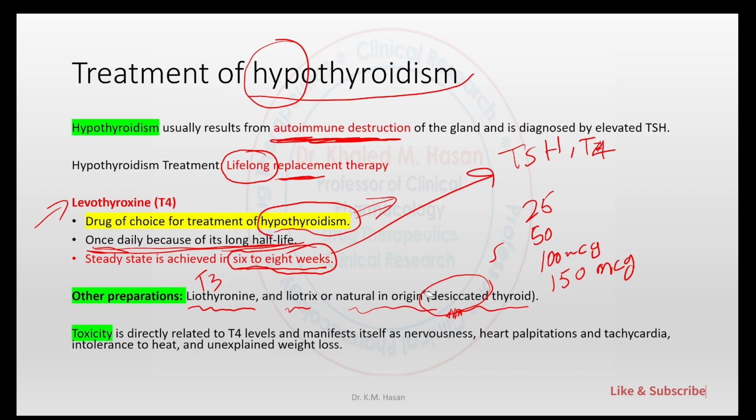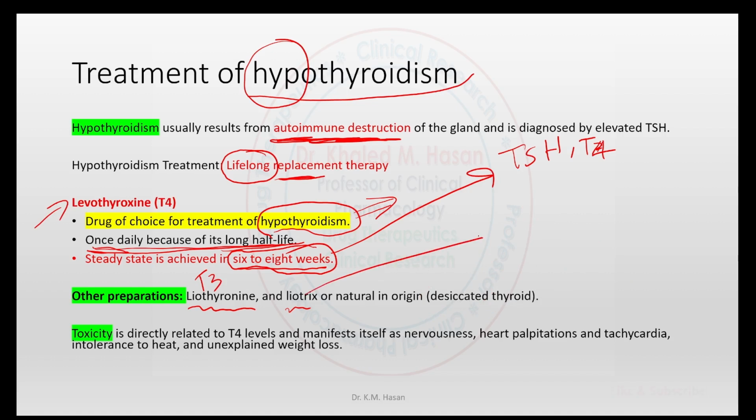Speaking about Lyotrix, if you Google Lyotrix, it is a combination of T3 plus T4. So the question here: which of the following medications used for hypothyroidism consists of two hormones, T3 and T4?